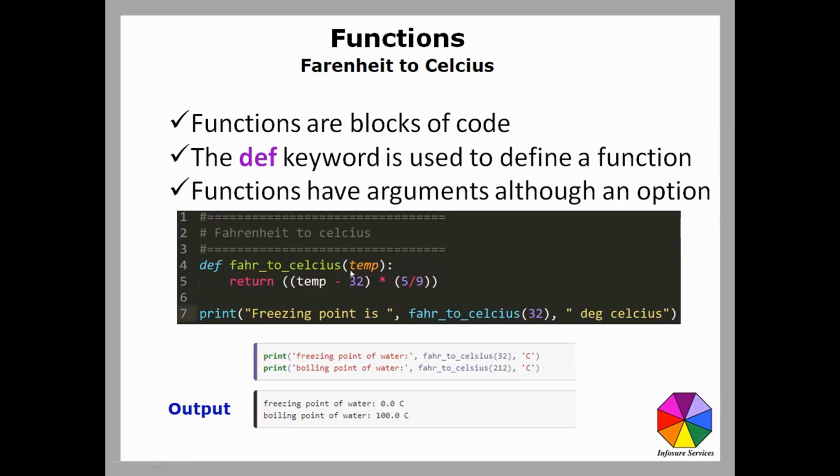This is a call. Now this parameter here, within brackets while defining, is called a parameter. But when the function is actually called, at the time of passing the value, it is called an argument.